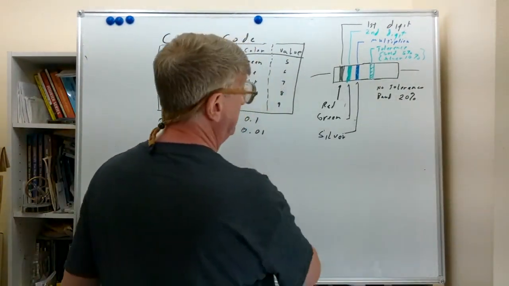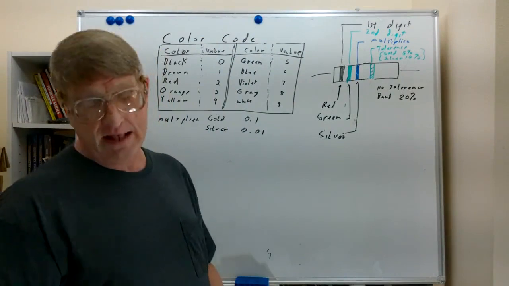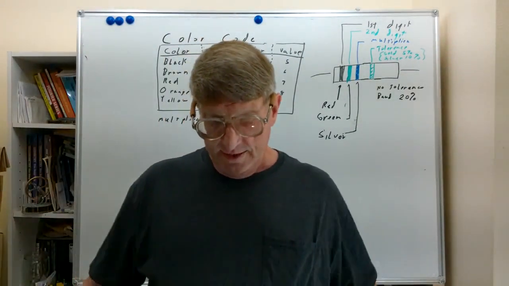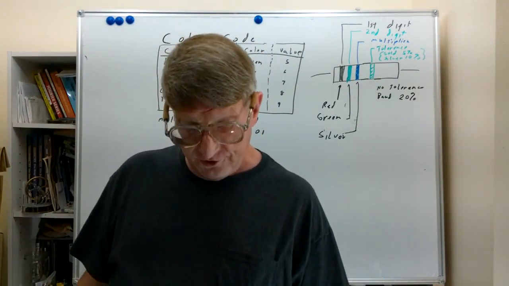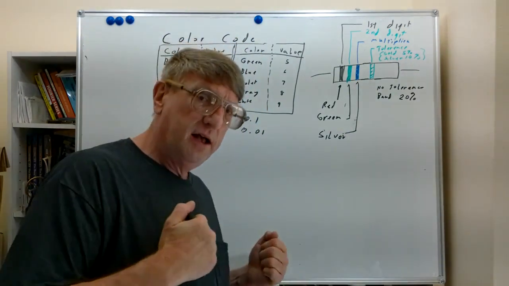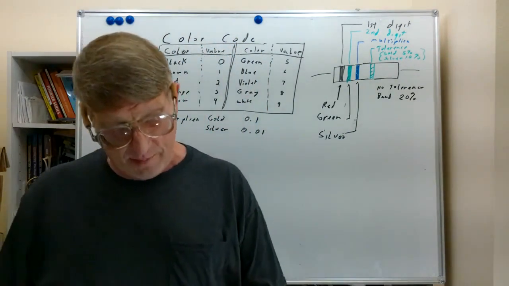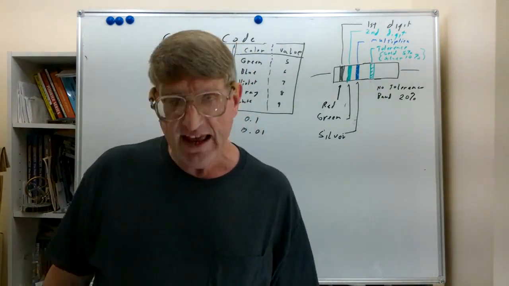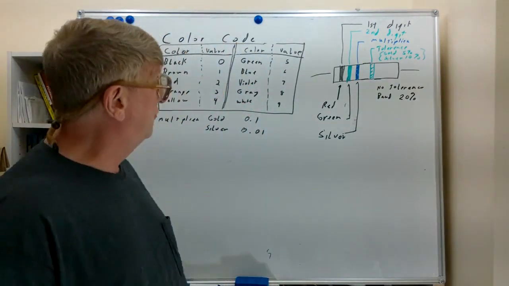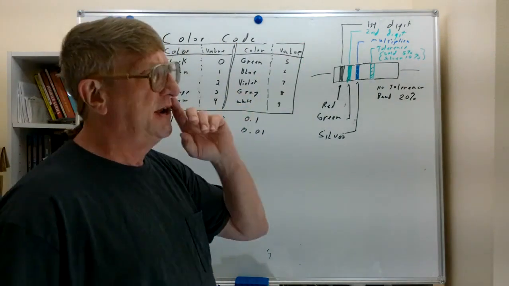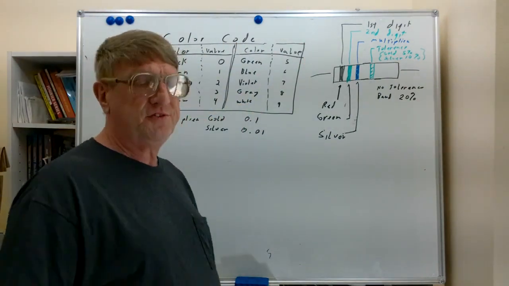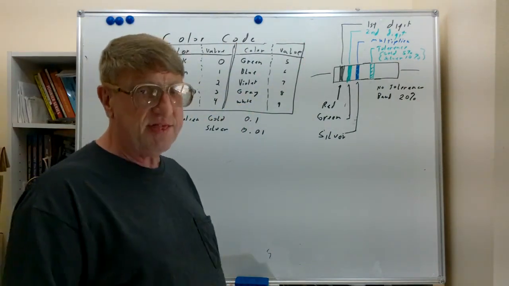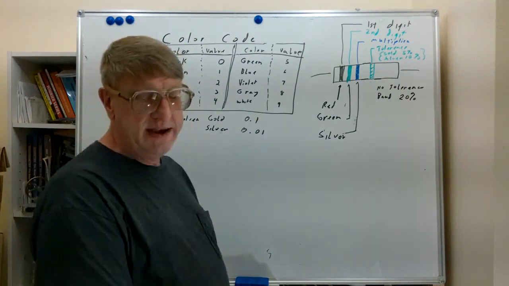Now, we talked a little bit about wire-wound resistors, and wire-wound resistors are usually lower values and greater power dissipation. And occasionally on small wire-wound resistors, we'll see this color code on here, but very often the wire-wound resistor is large enough that they actually print the value on it, so you can just read it off of there.